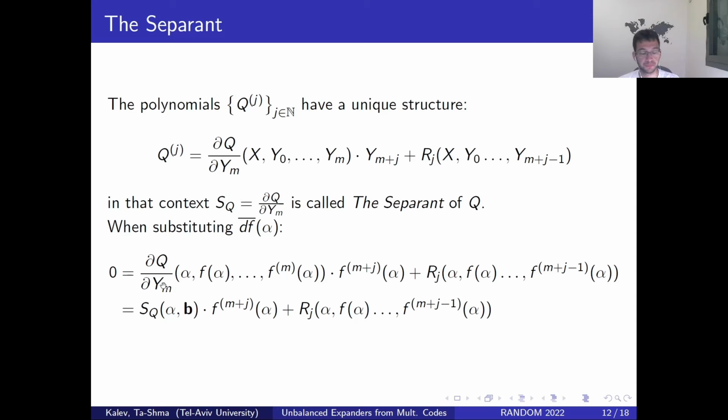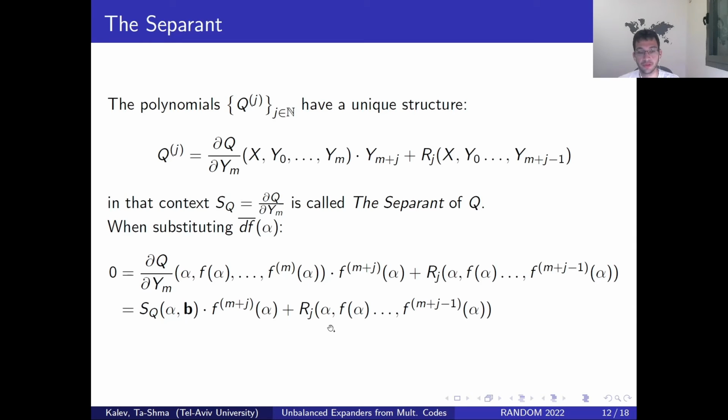But on the other hand, if we substitute everything into the structure, we note that the separand is dependent only on our initial conditions, because all these values, alpha, f of alpha, f's first derivative at alpha, up to the nth derivative of f at alpha, are all part of the initial condition, and therefore the separand is completely dependent on the initial condition. Okay, so we get the separand times the n plus jth derivative, plus rj, which is independent of the n plus jth derivative.